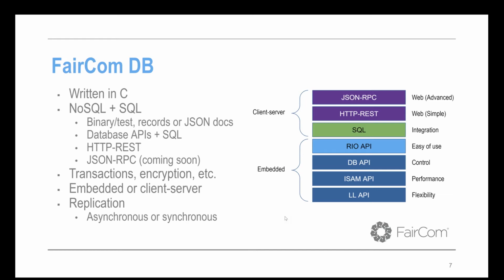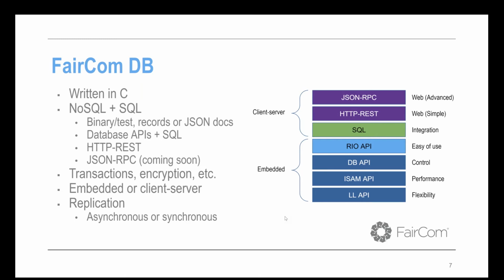But if we fast forward to today, what I think is really notable is this stack of APIs. At the very bottom is our low-level C API. That's really for hardcore C engineers that need to get every last bit of performance out of FairCom DB, and to a certain degree even transform it into whatever type of database they need.